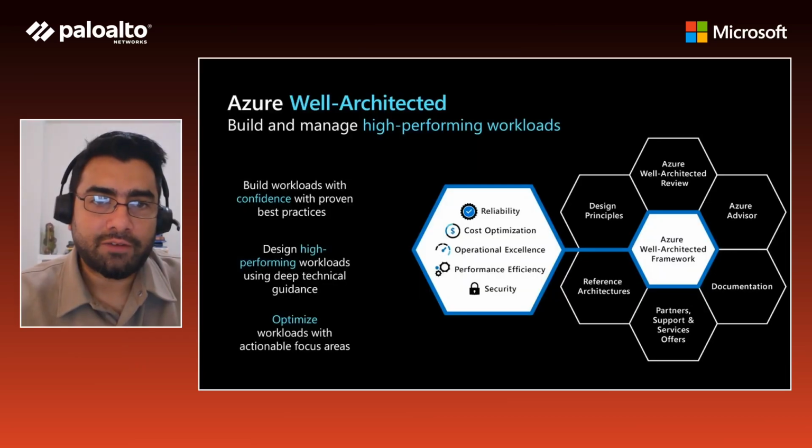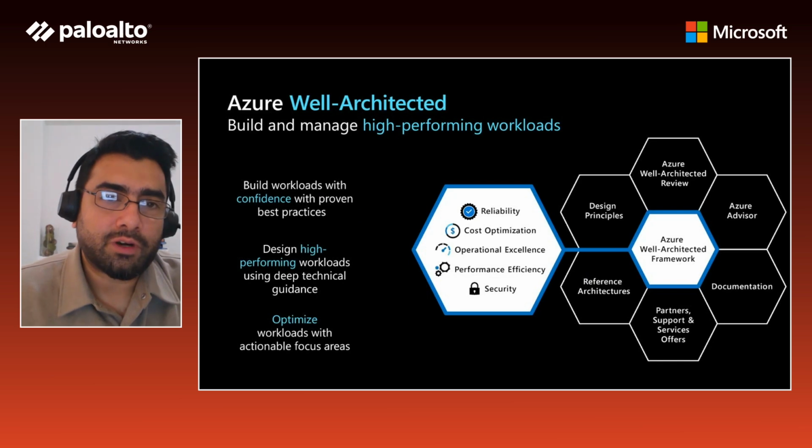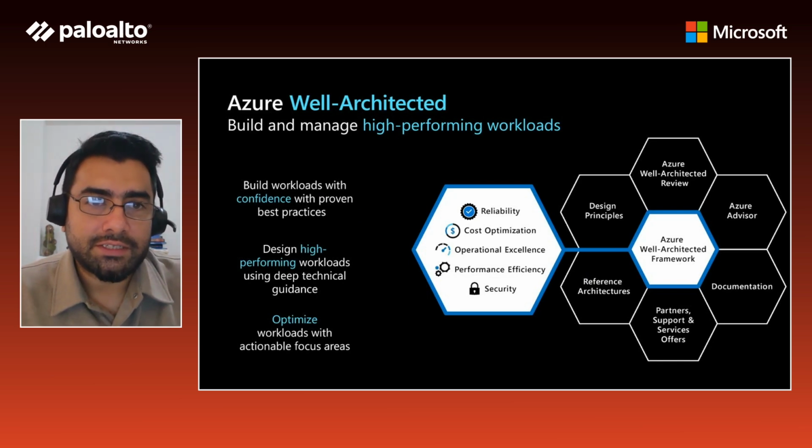So today we'll talk about well-architected framework. And well-architected framework has 5 pillars. When you start from Microsoft well-architected framework, we focused on few things that really help our customers to bring maturity into their cloud journey and look into few things like reliability, cost, operational excellence, performance efficiency, and security.